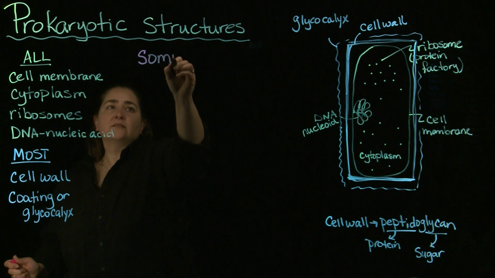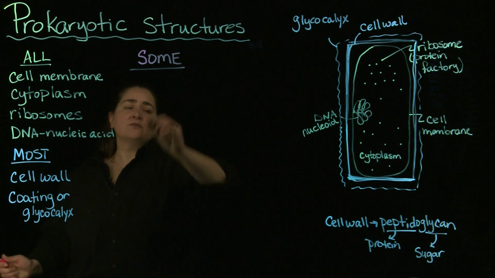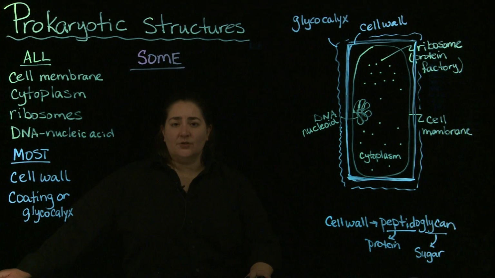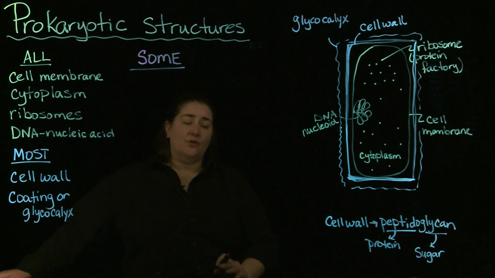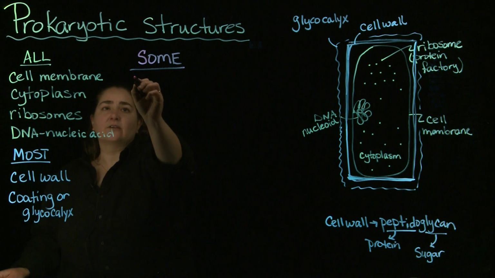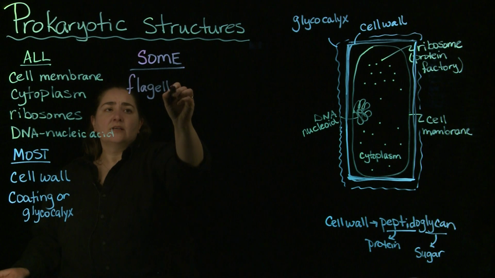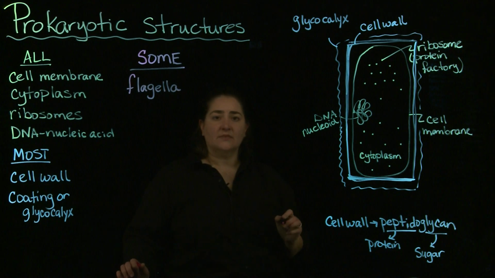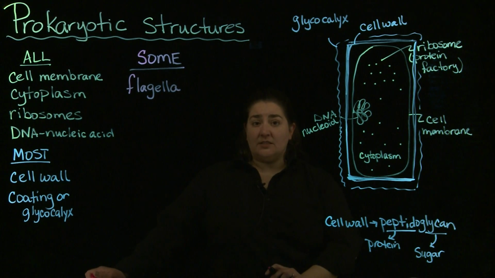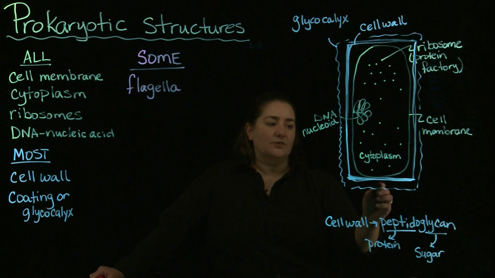Pink's pretty. So some of the structures that some bacteria will have, not all bacteria will have these structures, all right? But one that I want to talk about is going to be the flagella, all right? That flagella is a structure that's going to be involved in motility for the bacteria.